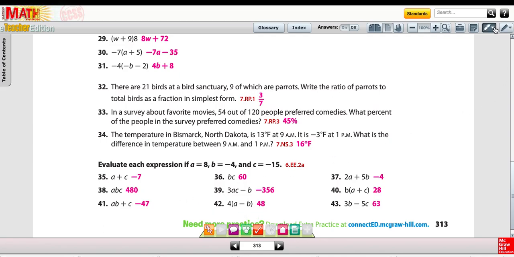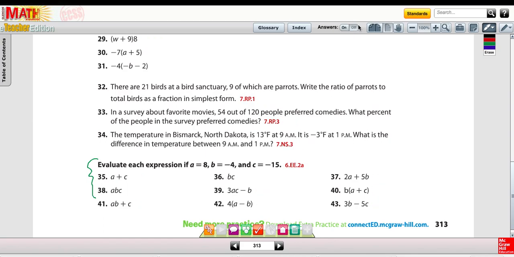It says evaluate each expression for A equals 8, B equals negative 4, and C equals negative 15. So ABC would be 8 times negative 4 times negative 15. Your answer will be a positive because we have 2 negatives.